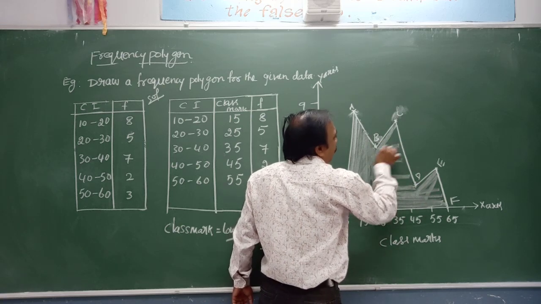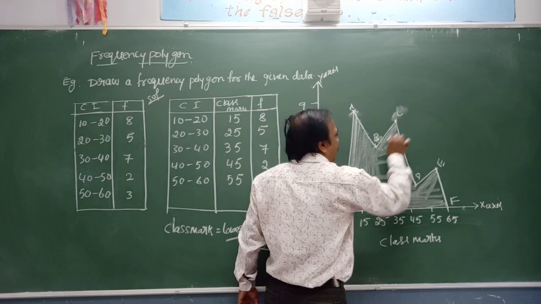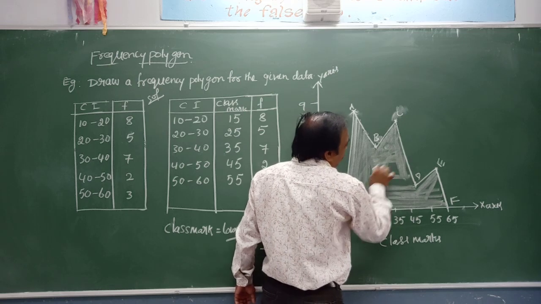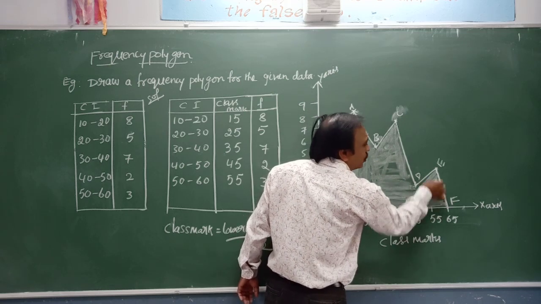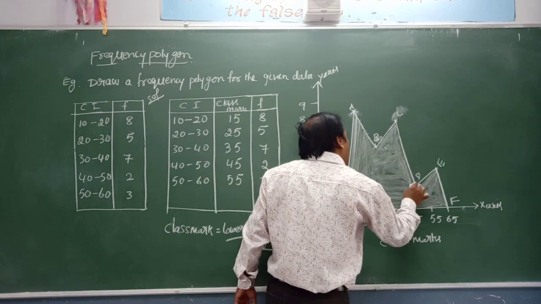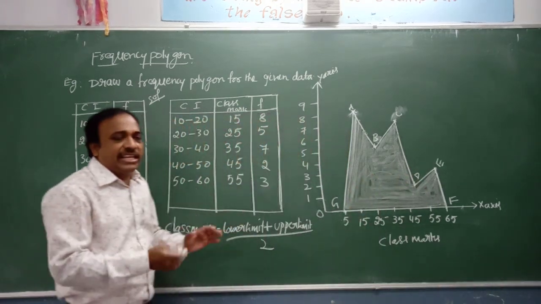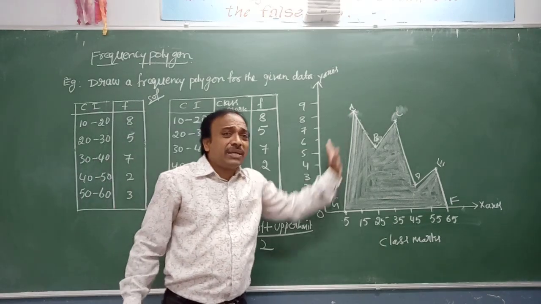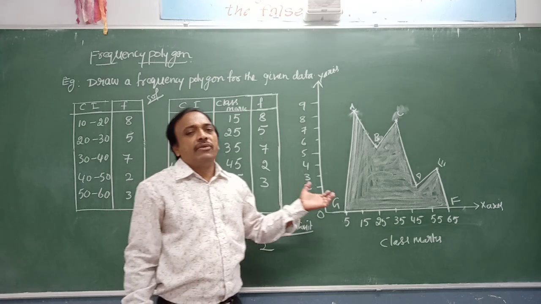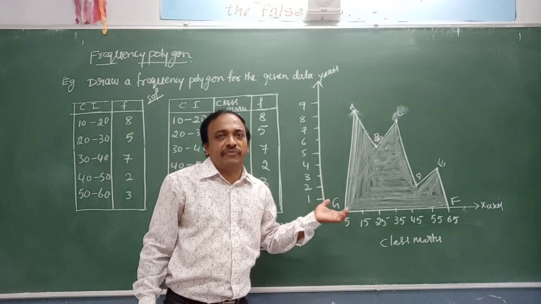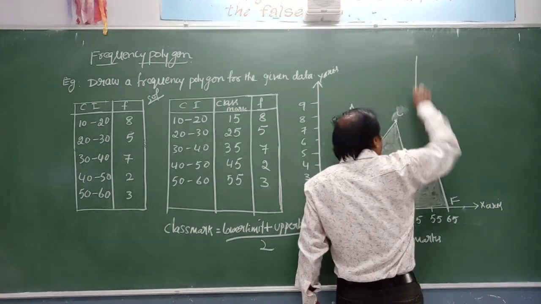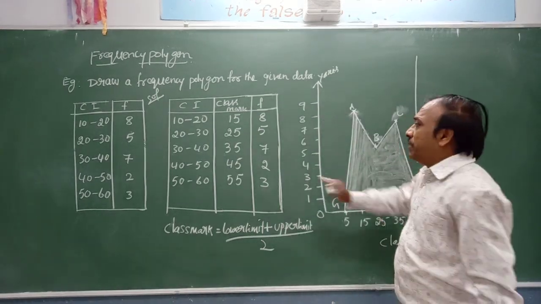This is how we represent a frequency polygon by using class marks, without a histogram. We join the end midpoints, preceding and succeeding, so that it becomes a closed frequency polygon.